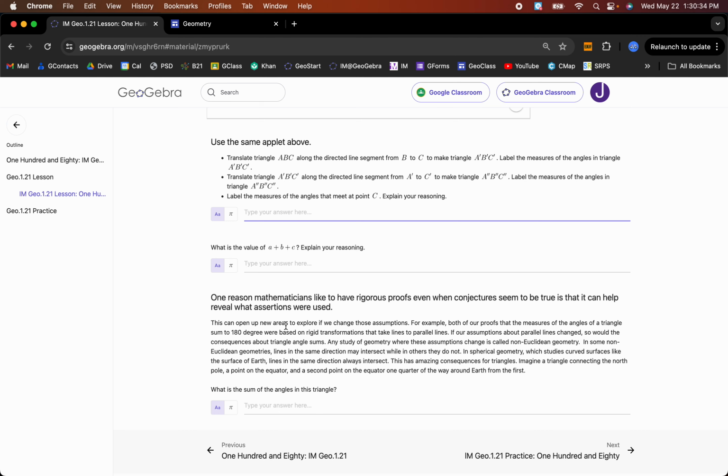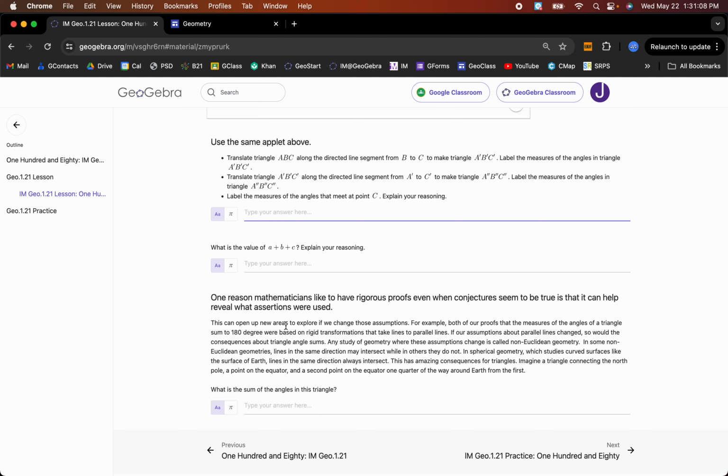For example, both of our proofs that the measures of the angles of a triangle sum to 180 degrees were based on rigid transformations that take lines to parallel lines. If our assumptions about parallel lines changed, so would the consequences about triangle angle sums. In other words, how the angles add up in a triangle. Any study of geometry where these assumptions change is called non-Euclidean geometry. Euclid was a famous mathematician.